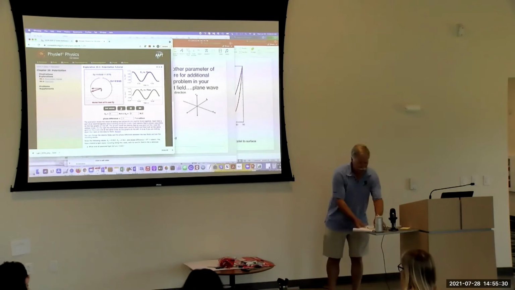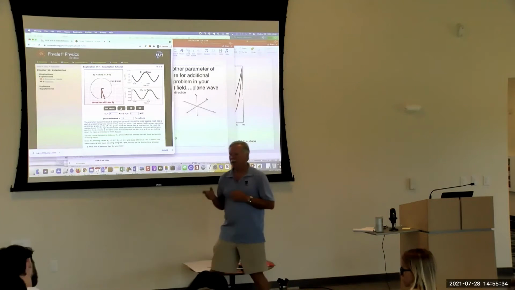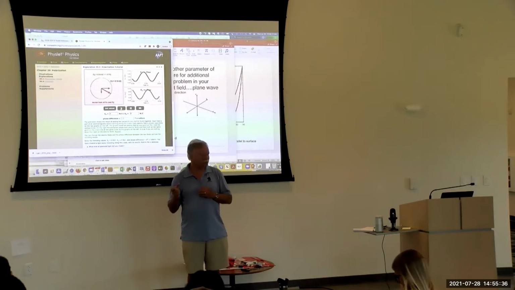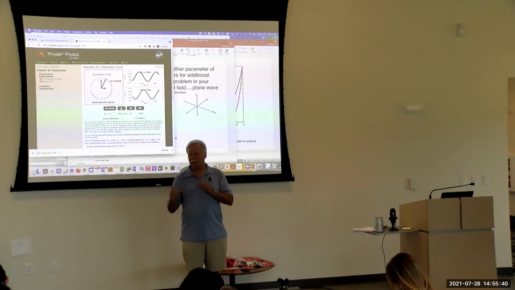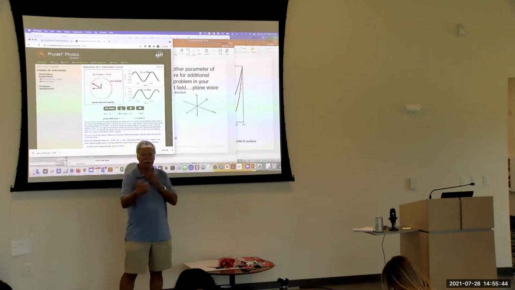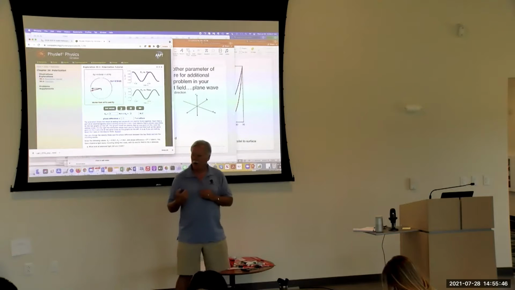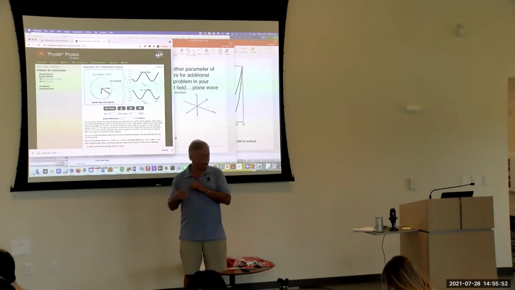Now, I handed out linear polarizers. Let's play with those for a second here. A linear polarizer is something that just lets one plane polarization through. You can tell what the acceptance of the plane polarizer is by looking at a surface with glare on it.